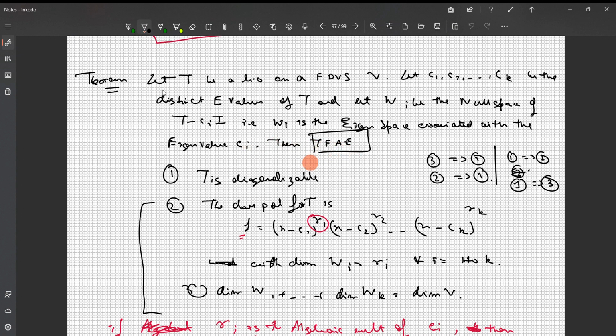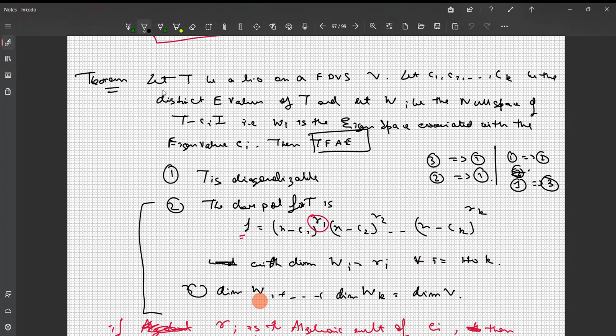Then the following are equivalent. One, T is diagonalizable. Two, the characteristic polynomial of T is of the form f equals x minus c1 to the power r1, x minus c2 to the power r2 till x minus ck to the power rk, with the dimension of each eigenspace Wi equal to ri, which is the algebraic multiplicity of the eigenvalue ci.